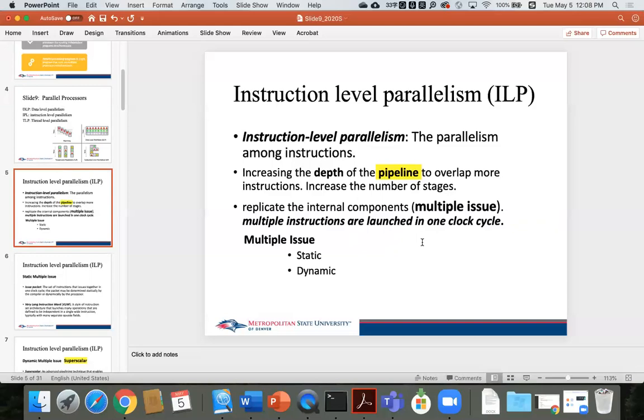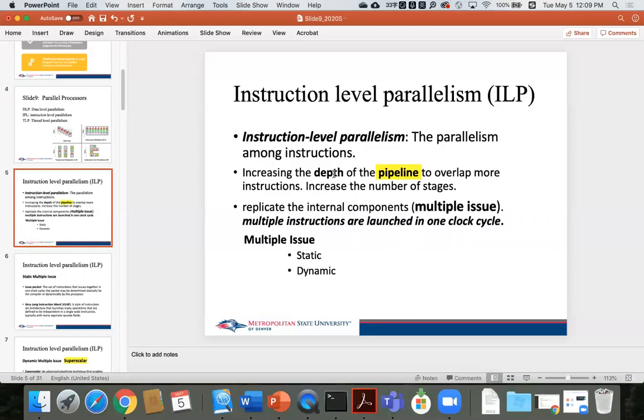So if we increase the depth of the pipeline, having more stages in a single instruction, then of course we could execute multiple things at one time. So increasing the depth of the pipeline is a good way to improve instruction level parallelism. Another way to improve instruction level parallelism is called multiple issue. The issue here is a verb, okay?